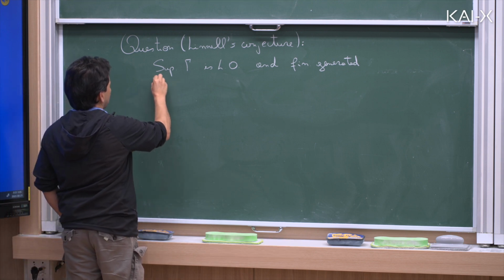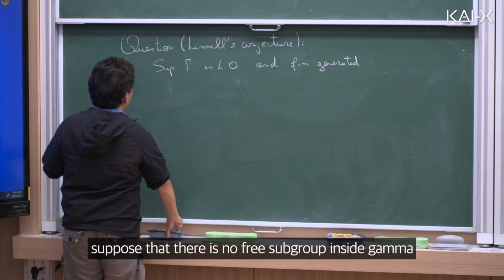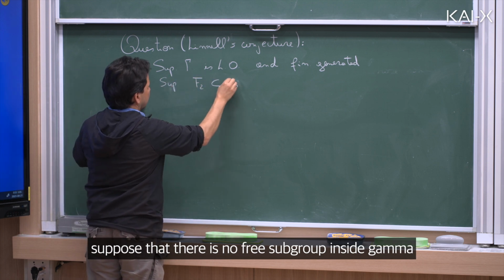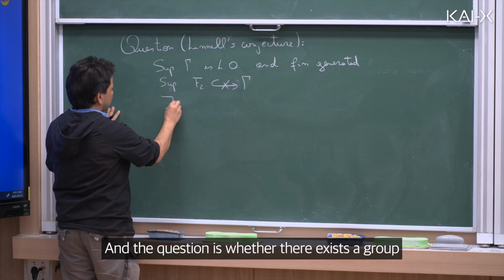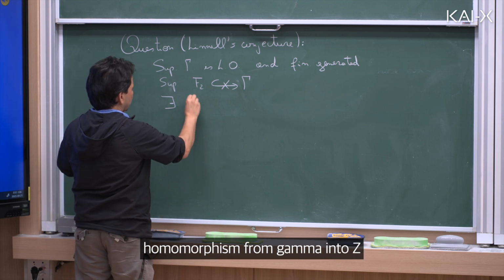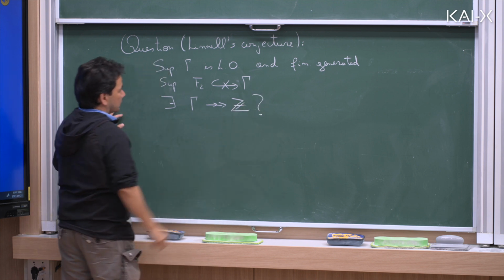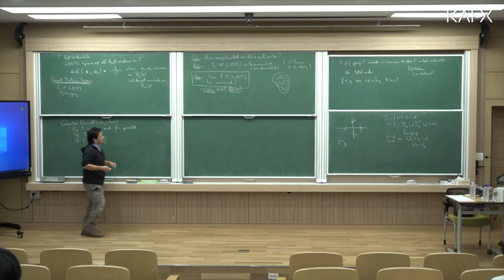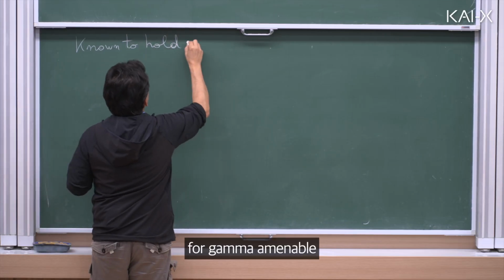Suppose that, so this is a question, not a statement, there is no free subgroup inside gamma. And the question is whether there exists a group homomorphism from gamma into Z. In case you replace this property by amenability, this is known to hold for gamma amenable.